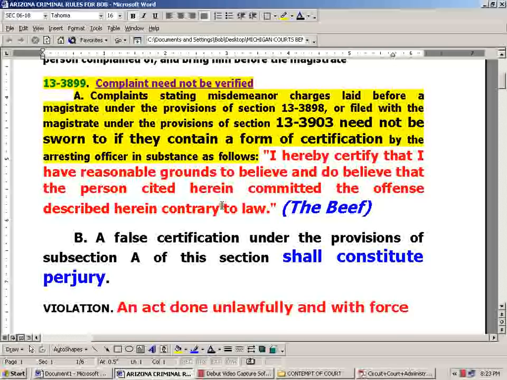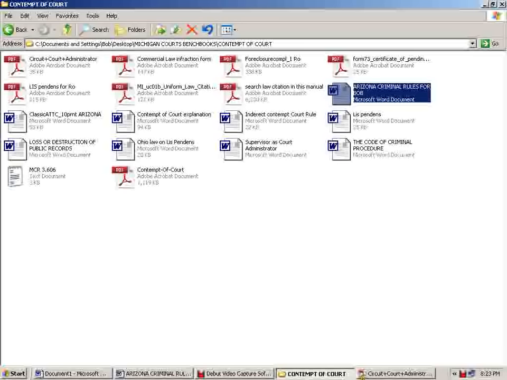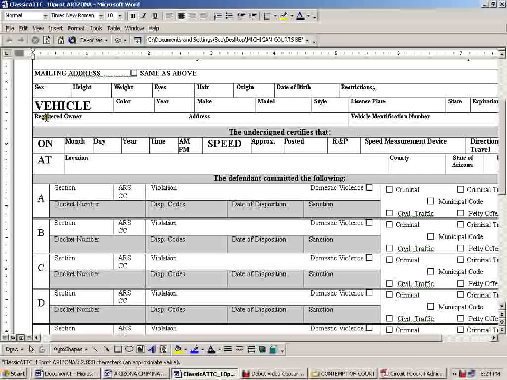Alright, so if the complaint form they're using has those words on it, they don't need to go lay it before a magistrate and swear to it. But this is the one that they use. Again, this is stuff we've covered before. This is nothing new, but it's good to go through.